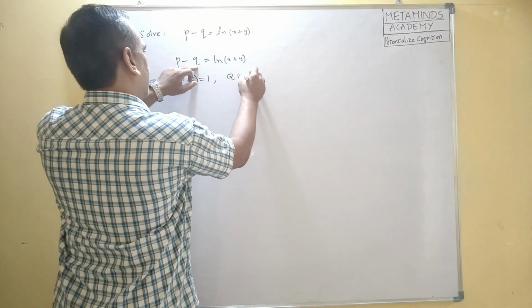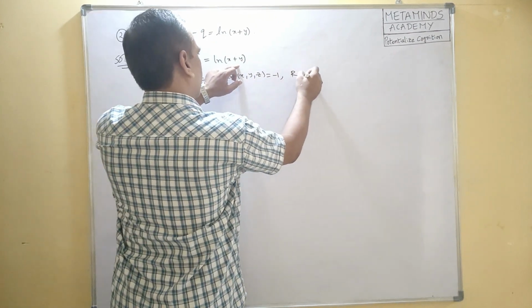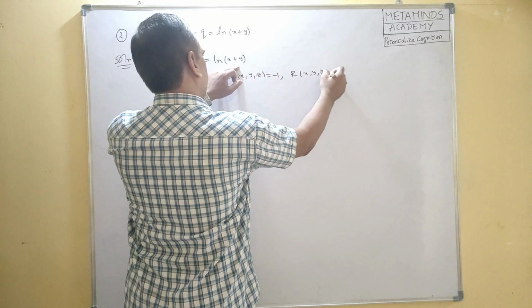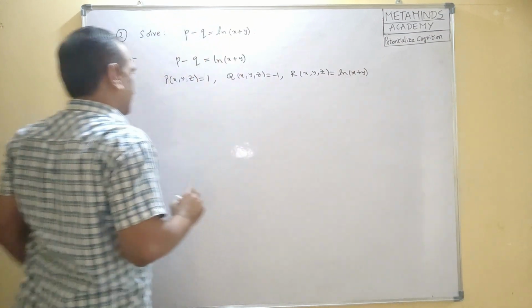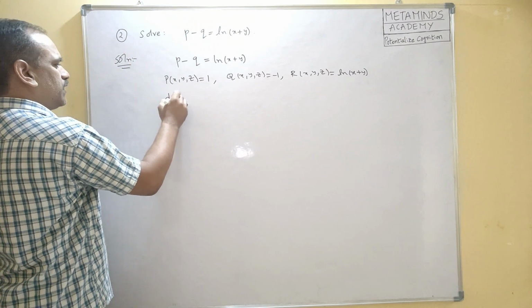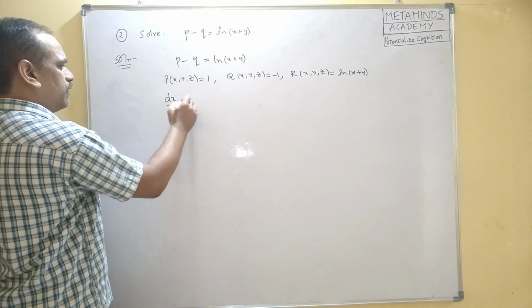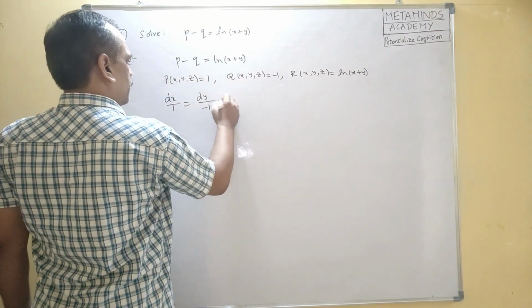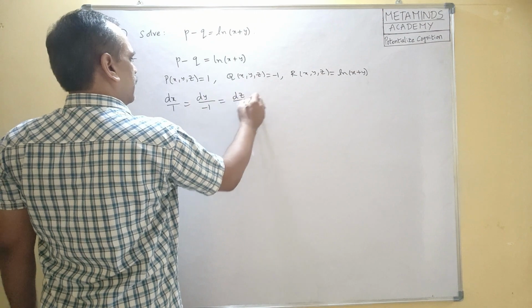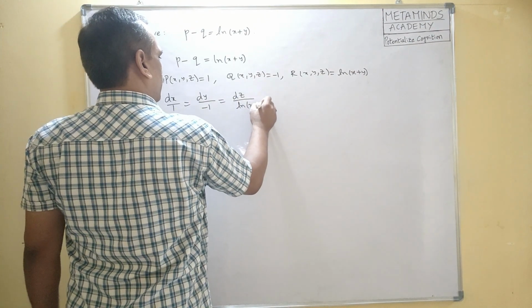Q of x, y, z is −1. R of x, y, z is ln(x + y). So the auxiliary equations are dx/P, which is 1, dy/Q, dz/R, where R is ln(x + y).